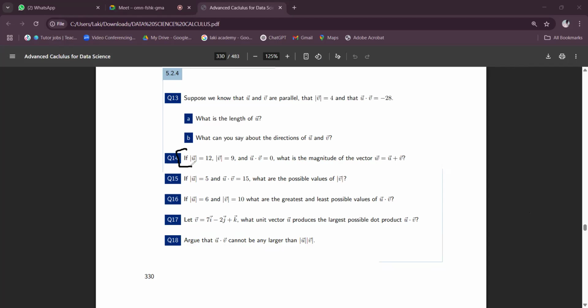This is a very tricky question. We were talking about the multiplication only, right? You want the magnitude of what?